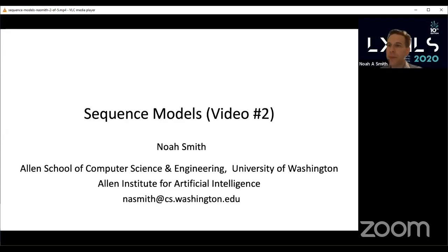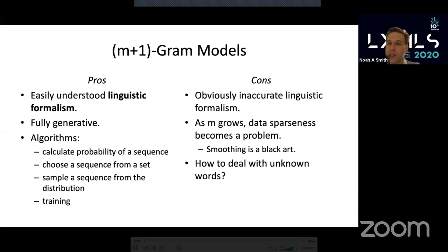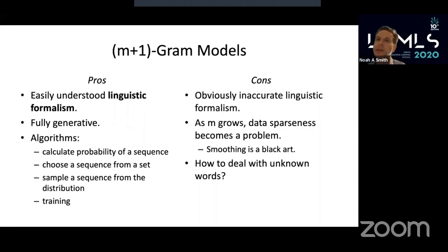Okay, welcome back. Picking up where we left off, we were talking about M+1 gram models, also known as Markov models. I want to quickly review pros and cons for these families of probability distributions for sequence modeling. On the pro side, these models are really easy to understand. They provide a formalism for how language works.